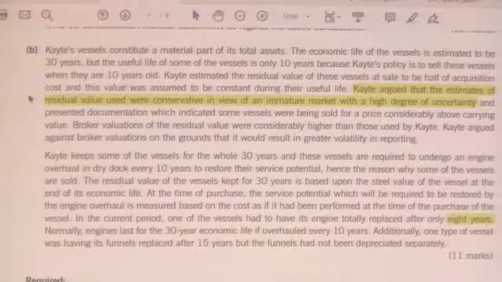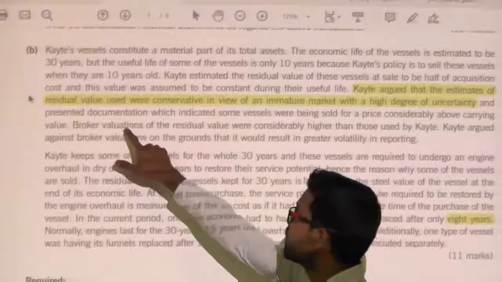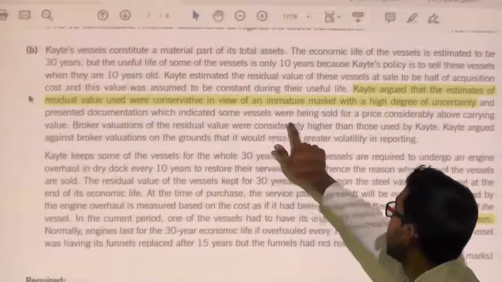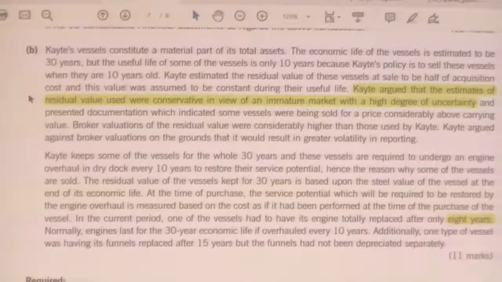Broker valuations of residual value were considerably higher than those used by Kite. Kite argued against broker valuation on the ground that it would result in greater volatility in the reporting.